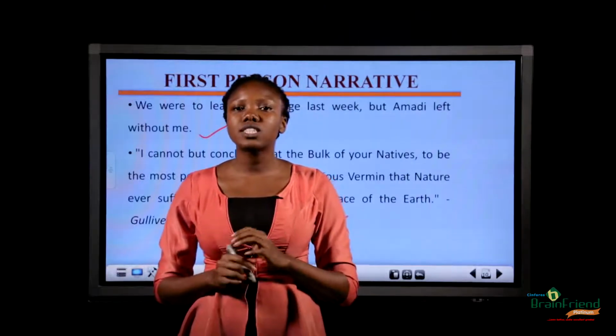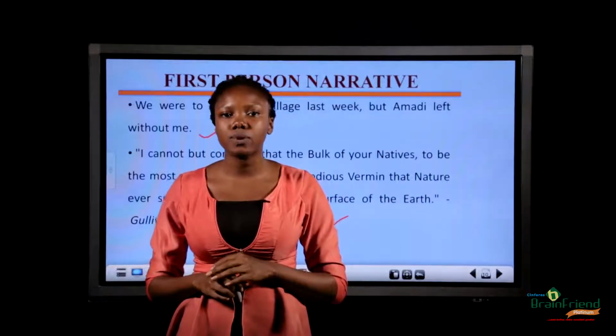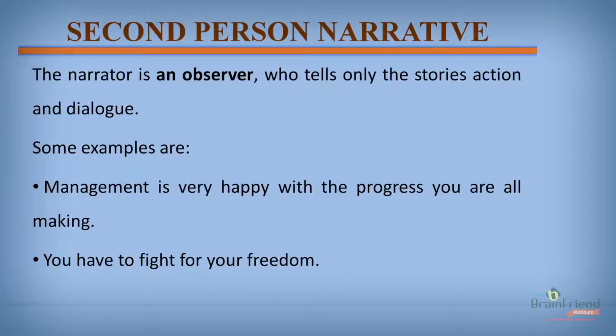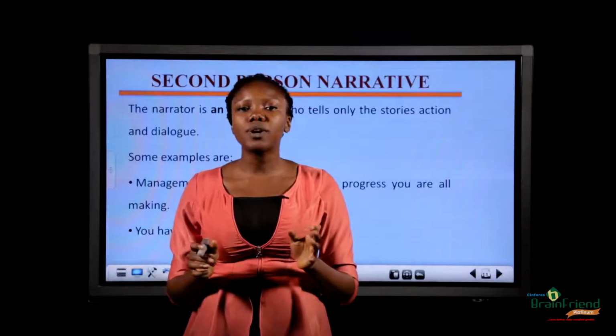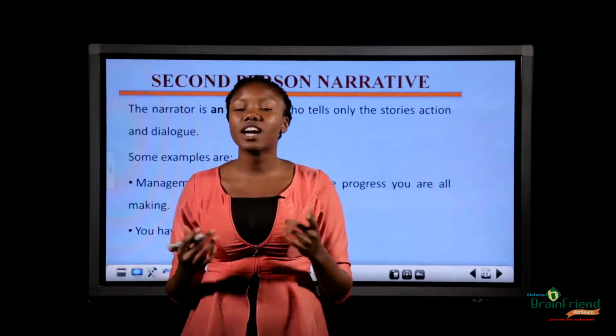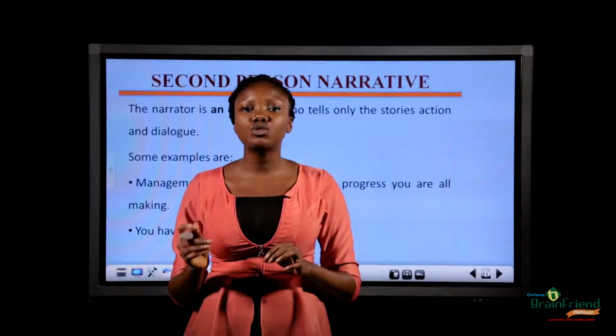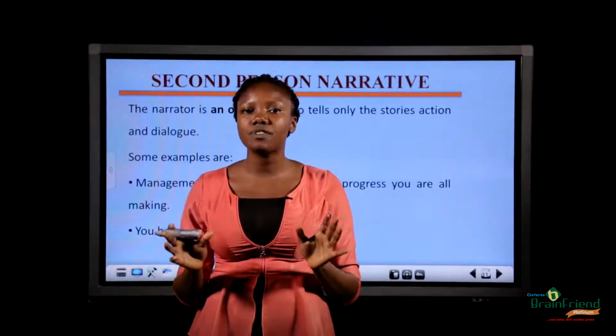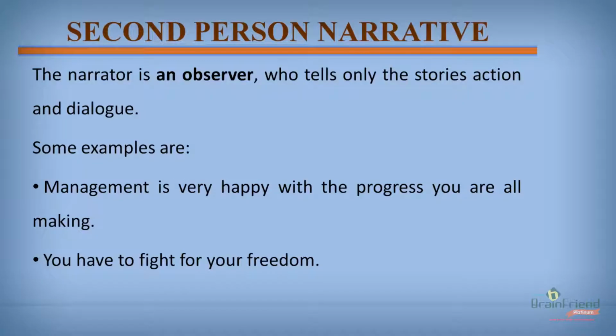Now let's see the second person narrative perspective. The second person narrative perspective is when the author behaves like an observer. He narrates the story like he's just observing what is happening. Now let's see the following examples.